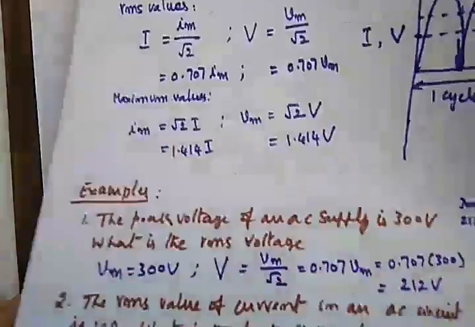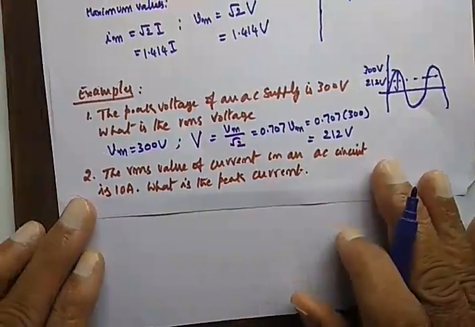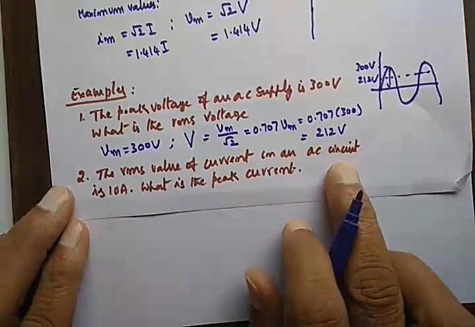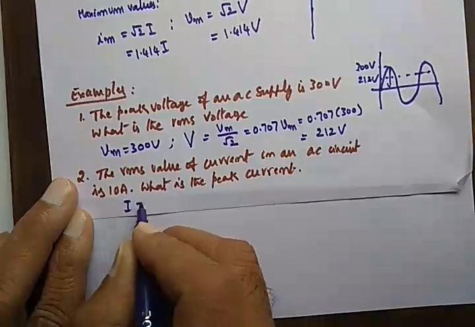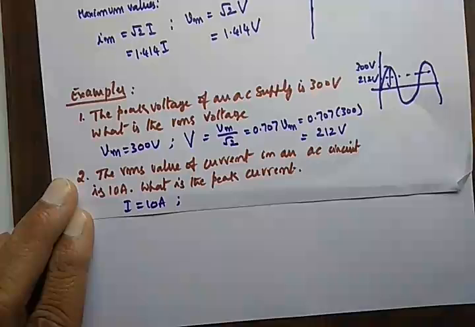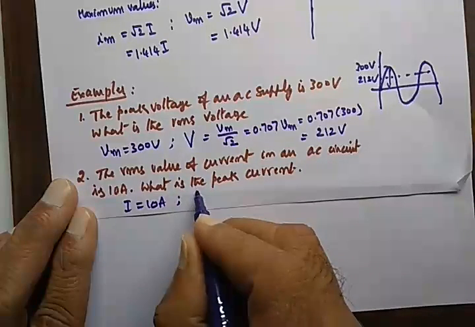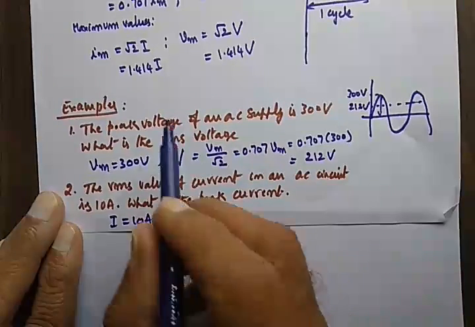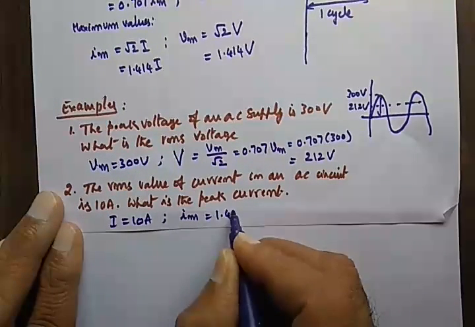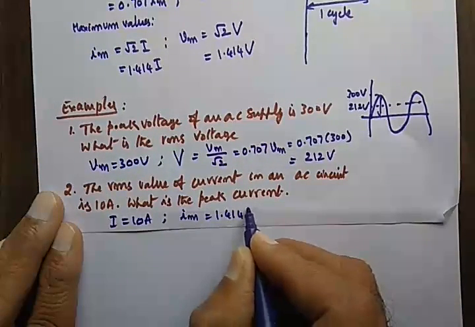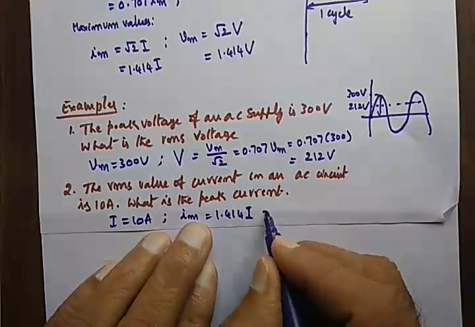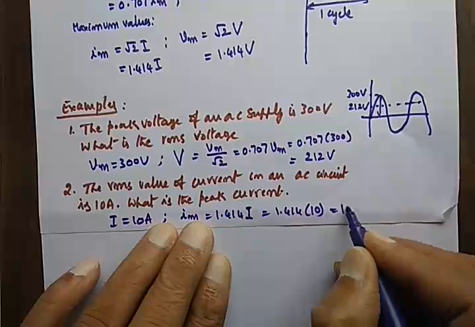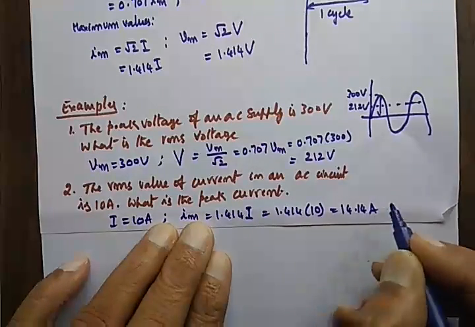Similarly, we will see the second question. The RMS value of current in an AC circuit is 10 amperes. That is, I is equal to 10 amperes. What is its peak value? That is IM. IM is 1.414 times I. So 1.414 into 10 is 14.14 amperes.